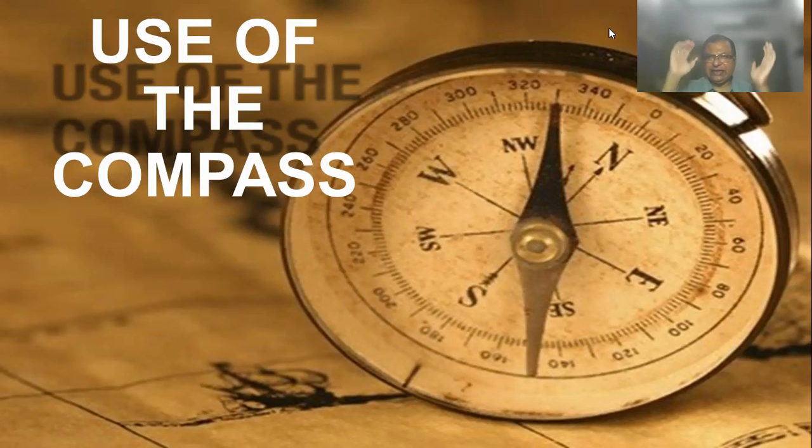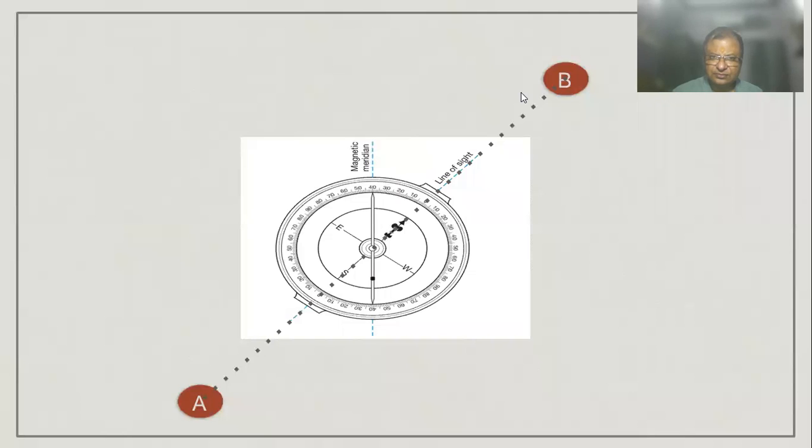So the entire magnet, the top of the magnet needle, is attracted to the North Pole. And naturally, the second end will be south. This is the compass.